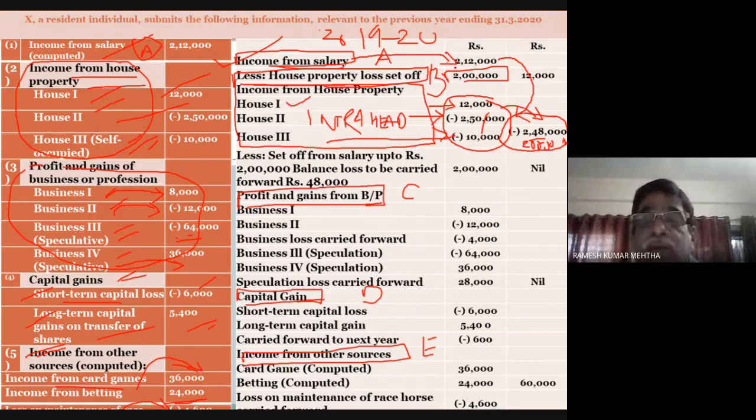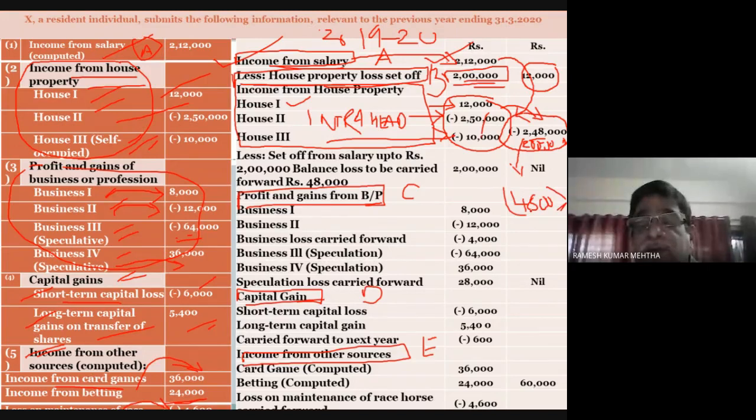Income from salary was 2,12,000 rupees, but I set off, out of the 2,48,000 rupees, the permitted 2 lakh rupees. So my income from salary eventually becomes 12,000 rupees, and the loss has reduced to 48,000 rupees, which could not be set off this year.